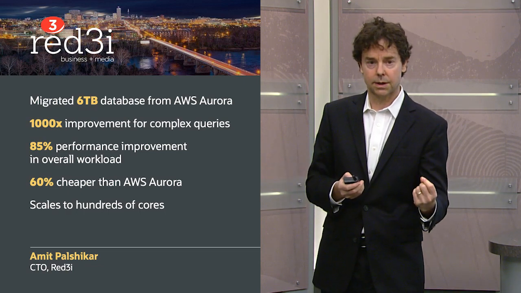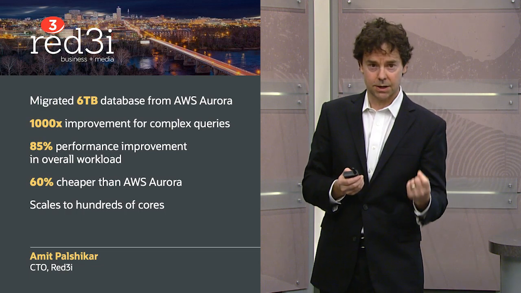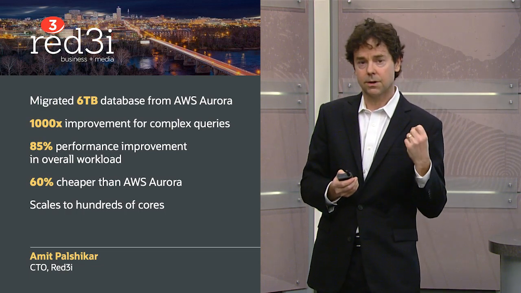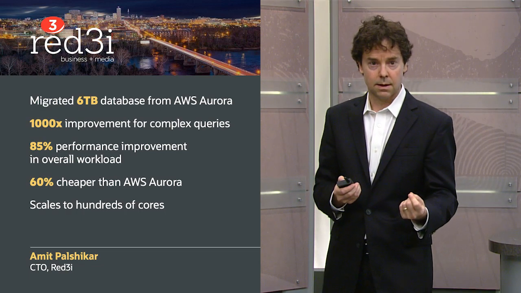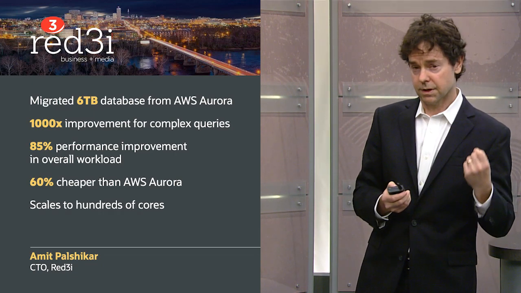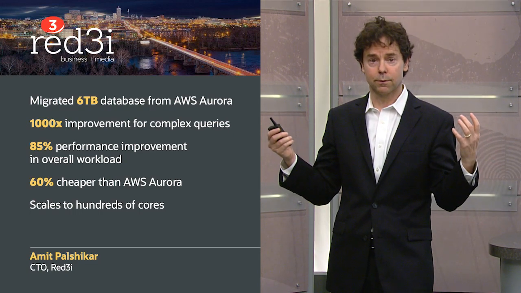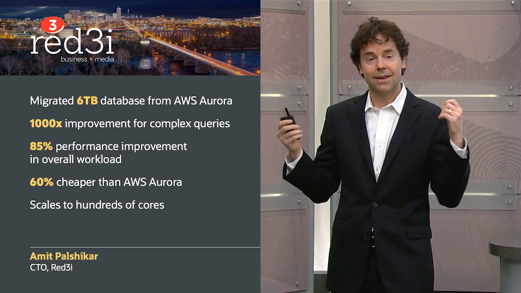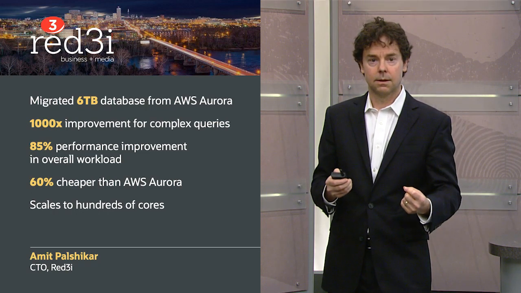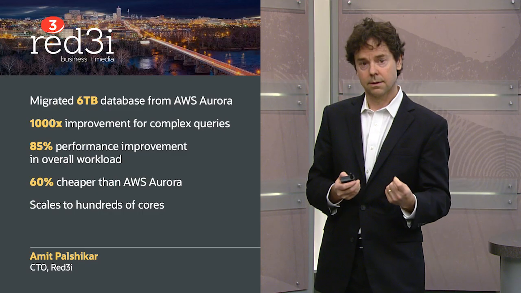These are real queries in their real application that they depend on in production. They moved their 6 terabyte database from Aurora to MySQL HeatWave, and achieved 1,000 times improvement for some of those critical queries. Overall, they got an 85% performance improvement, right? And they also spend less money. What they found is that MySQL HeatWave is 60% cheaper than AWS Aurora.